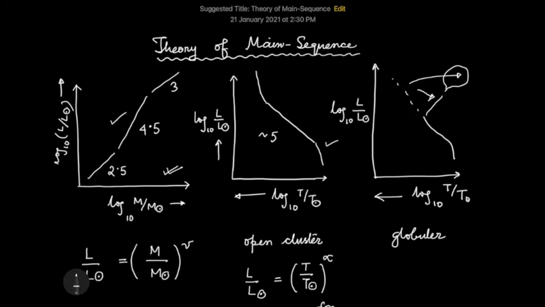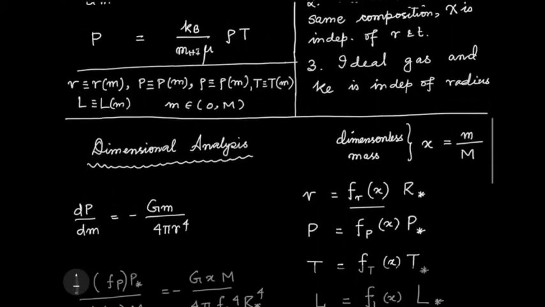Where the Sun lies it was supposed to be 4.5, and we don't get 4.5 quite well, but we get why it is a power law, and the number is quite close. You can make it even closer if you lift some of the assumptions, but that is difficult. We'll not do that. Okay, let's proceed.